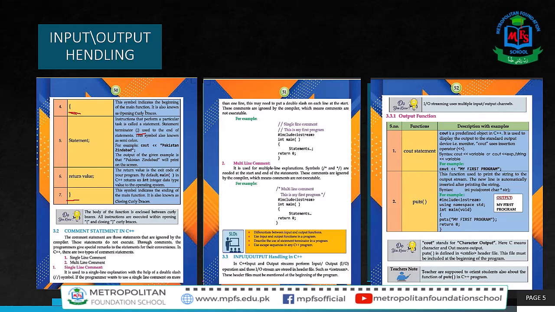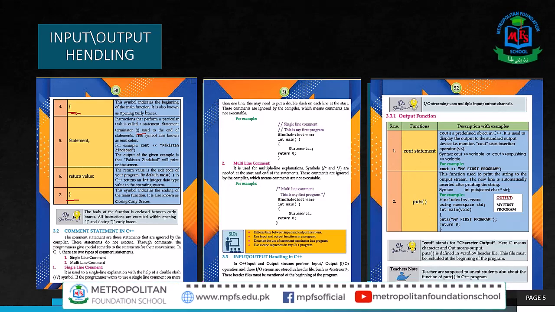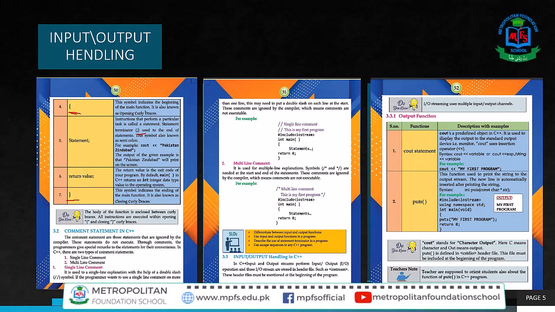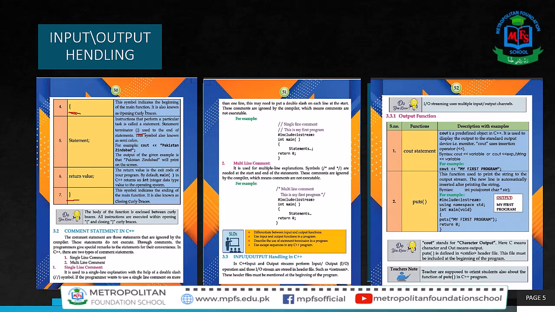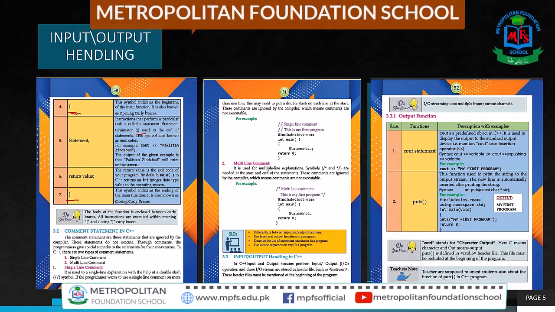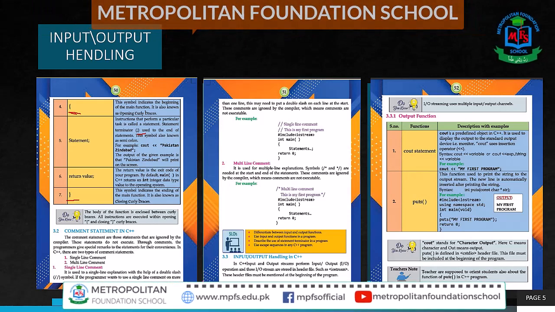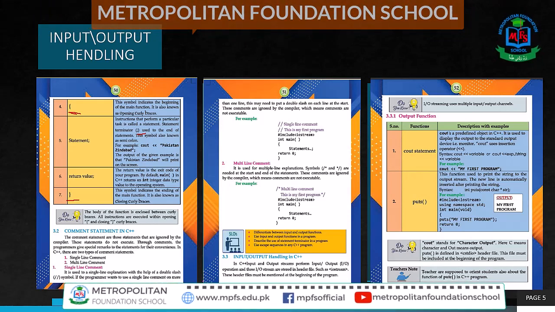See the second page. Here we write our comments. In C++, why do we write comment statements? Comment statements are those statements that are ignored by the compiler.